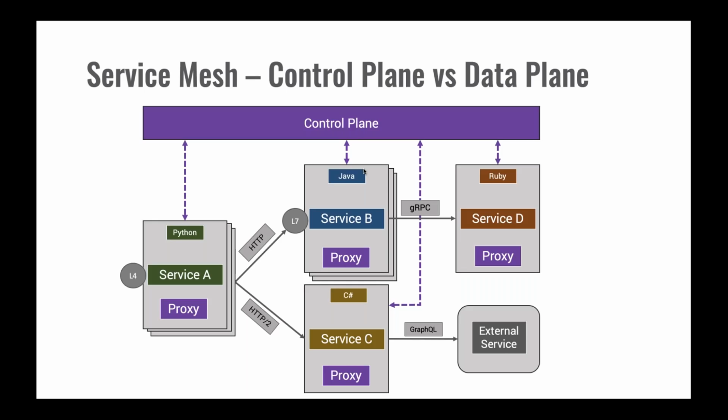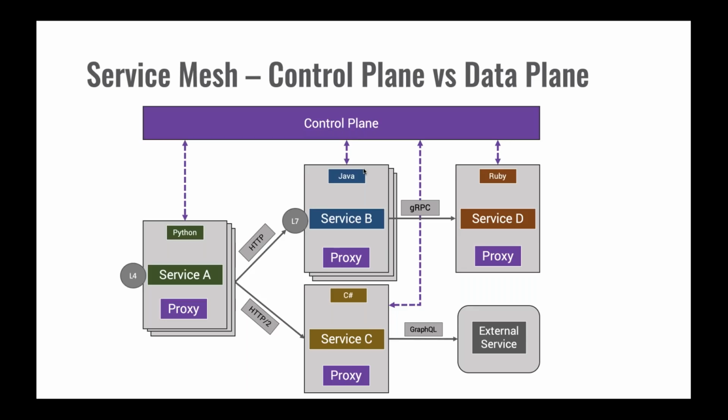At the same time, every proxy reports the health of the microservice and its current state back to the control plane. So it acts as a remote control to any number of proxies that are deployed as a part of your microservices deployment. And these proxies are language agnostic, protocol agnostic, microservice agnostic, and network agnostic. They can pretty much attach themselves to any microservice that is running as a part of your deployment.